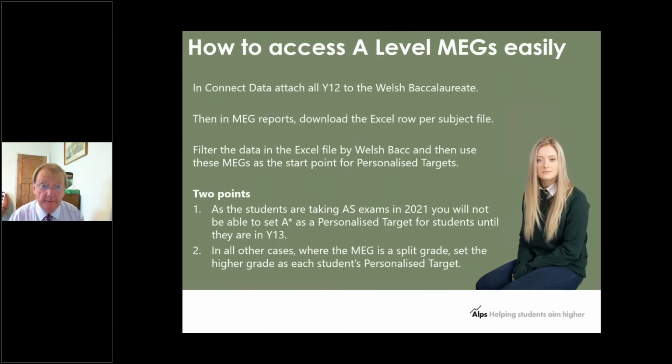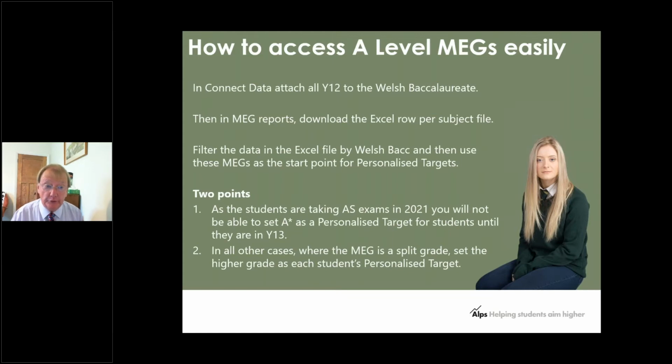If you're wondering, how would my data manager access the A Level MEGs in year 12? The easiest way is to attach all year 12 to the Welsh Bac, whether they're going to study it in the end of year 13 or not. That will get them an A Level MEG. If you then download that and follow these instructions, the data manager should be fine and dandy.